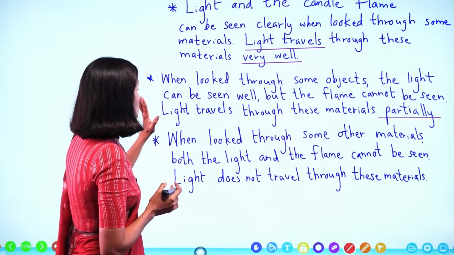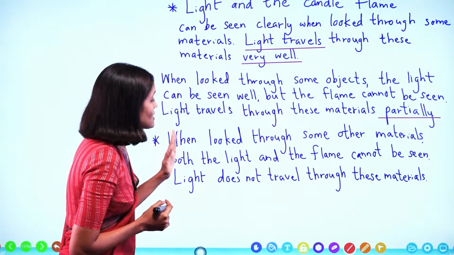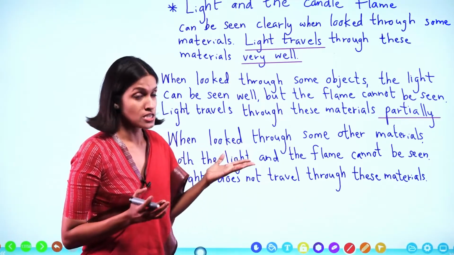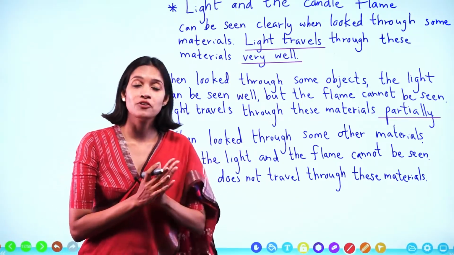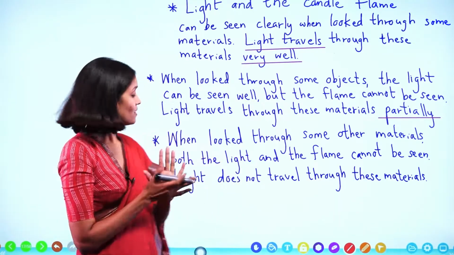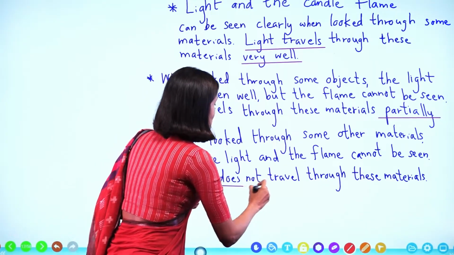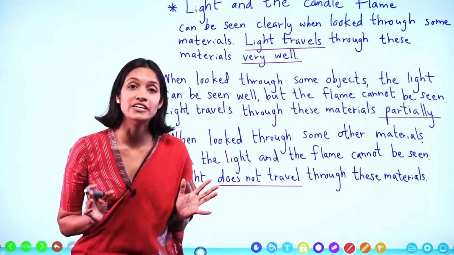Okay? When looked through some other materials, both the light and the flame cannot be seen. That is because these type of materials completely block the path of light. Right? Light does not travel through these materials. Okay, children.